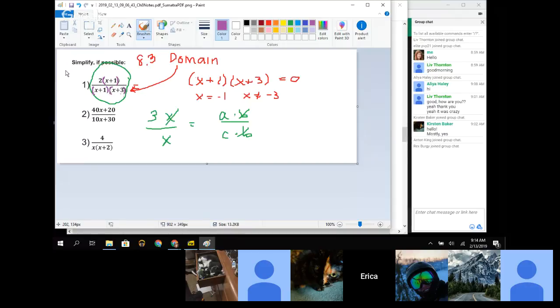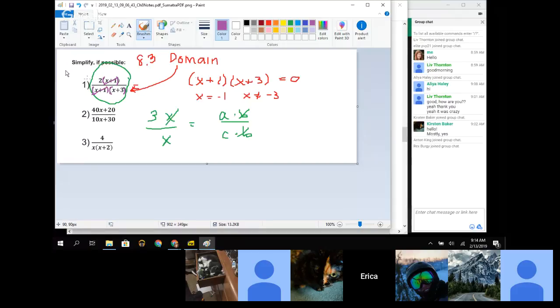So even though I have addition in my rational function, I'm still multiplying. I'm multiplying 2 times the stuff in this parenthesis, and on the bottom I'm multiplying this parenthesis times this parenthesis. So you can think of that parenthesis as a whole unit. If you can get whatever is in the parenthesis to match up in the numerator and the denominator, you are also allowed to cancel out the top and the bottom.